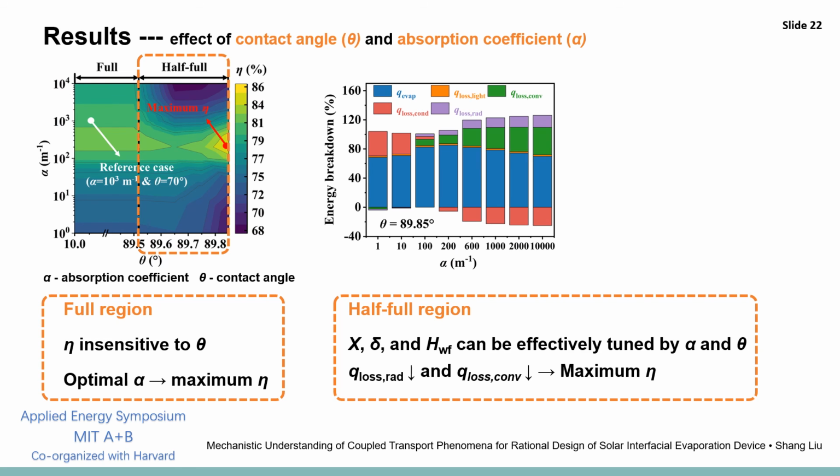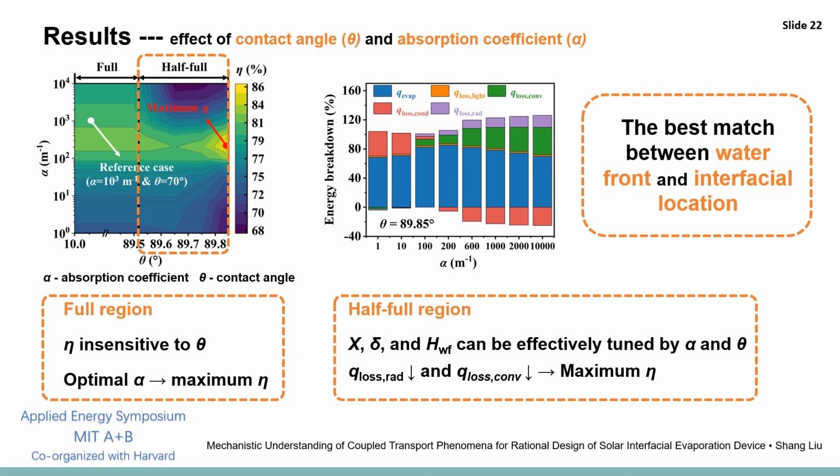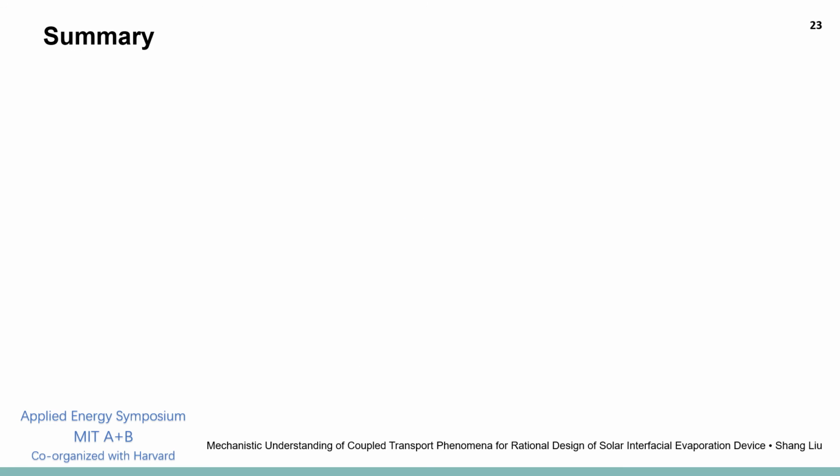The optimal evaporation efficiency could be found at theta equal to 89.85 and the absorption coefficient equal to 200 per meter, due to the decrease in heat radiation loss and heat convection loss. This is because of the best match between the waterfront and the interfacial location and the interfacial thickness.